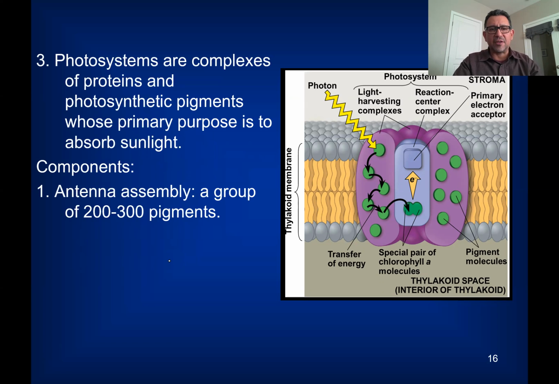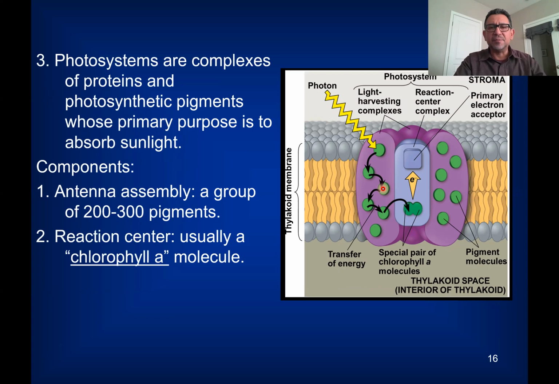So what are the exact components of a photosystem? First, we have an antenna assembly. This is usually like a cluster. As you see in this illustration, many photosynthetic pigments are going to be clustered together very close in proximity, about 200 to 300 of these pigments, mostly chlorophylls, by the way, but mixed in there we have some carotenoids and some xanthophylls as well.